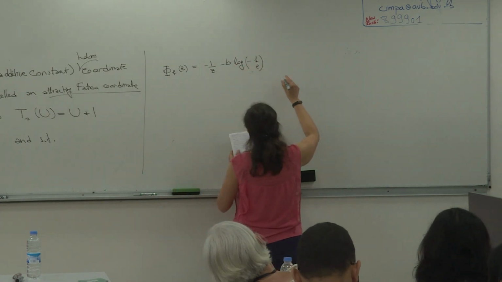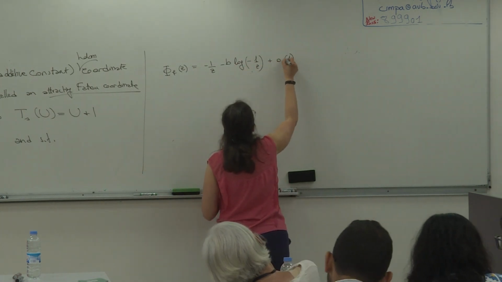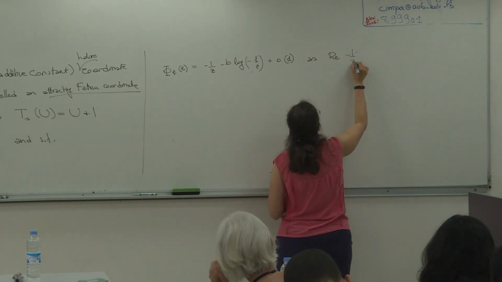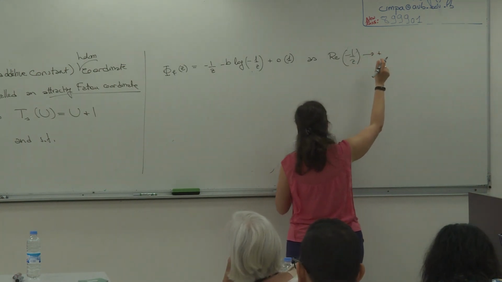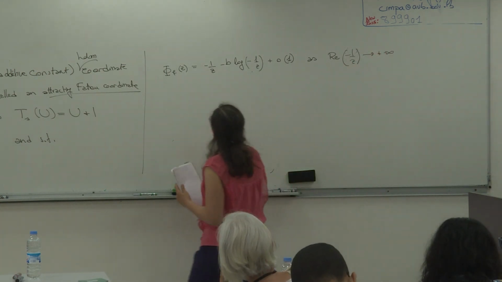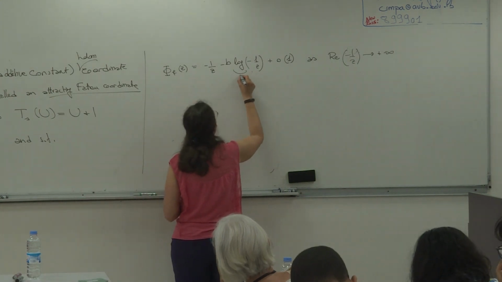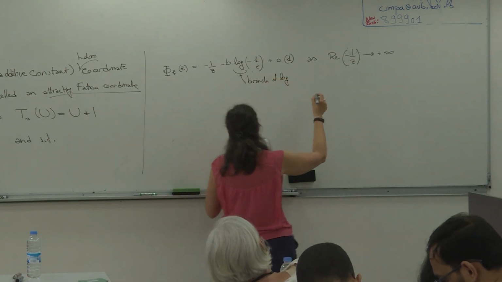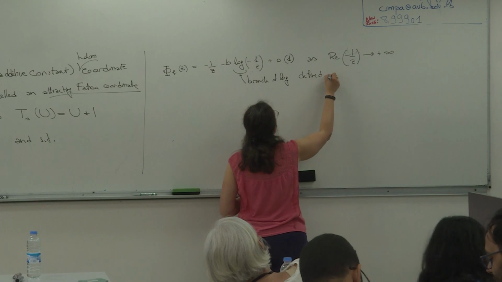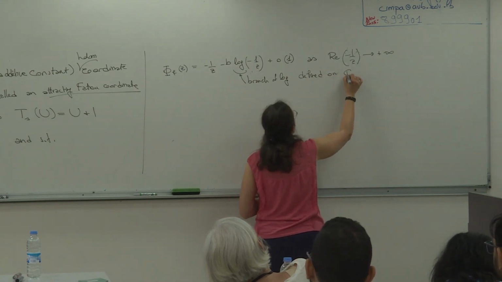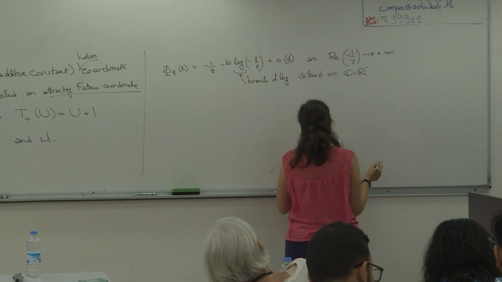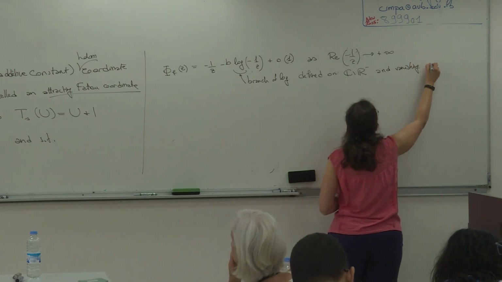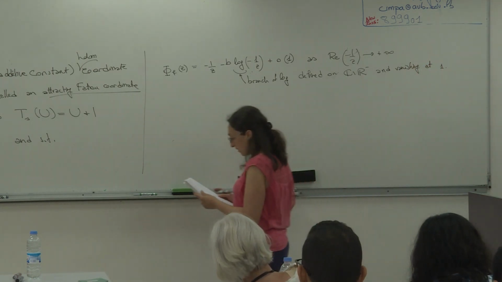I'm going to tell you which branch I'm taking, plus little o of 1 as the real part of minus 1 over z goes to plus infinity. We're in the log, the branch of log defined on C minus R minus and vanishing at 1.